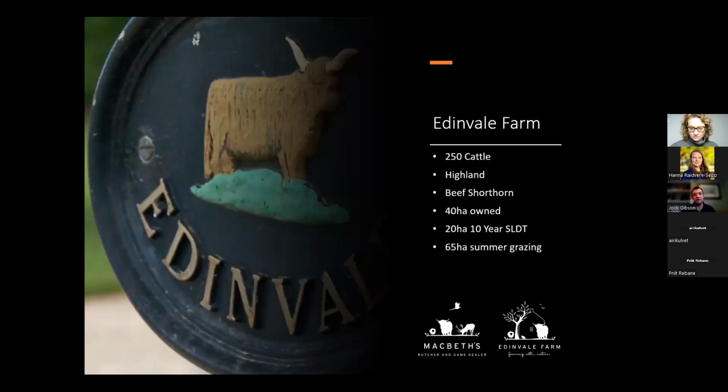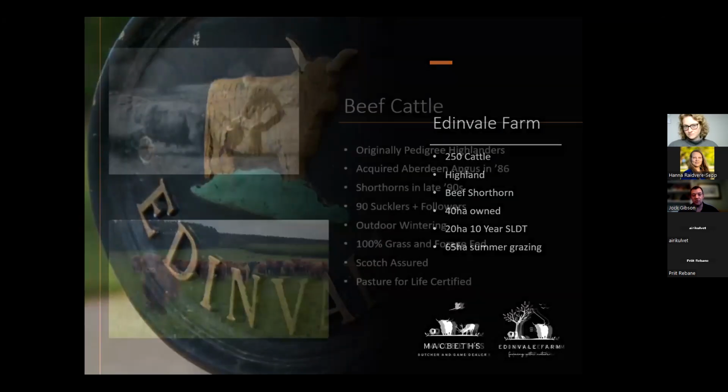We have a 40-hectare farm that we own here. We have just signed a tenancy on a 20-hectare farm, which is a 10-year rented agreement. And then we also have temporary agreements for about 65 hectares of summer grazing.